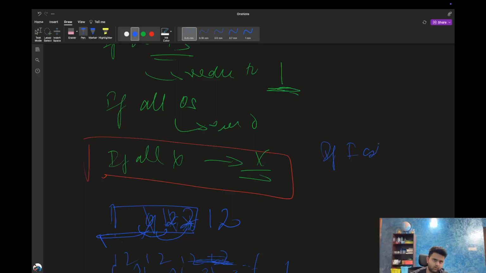If I get a 1, 2, it's always better to reduce only after deleting the duplicates.